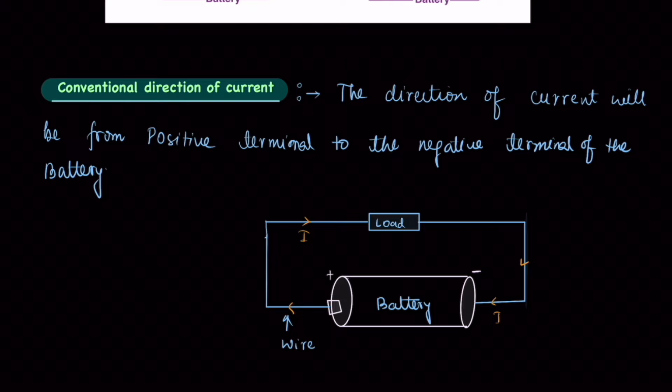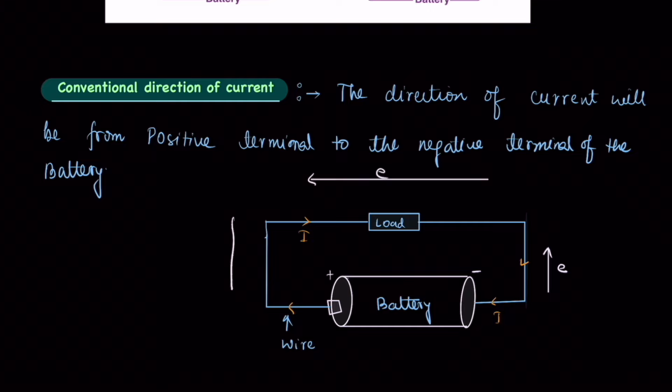Protons remain at rest. So same here, if this is the negative terminal of the battery, the electron will move from negative to positive. And the direction of electrons should be considered as the direction of current.